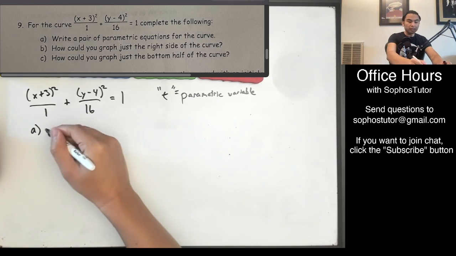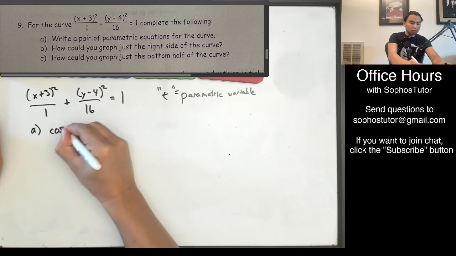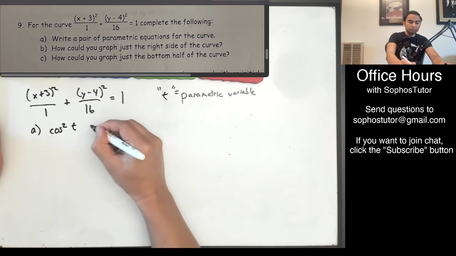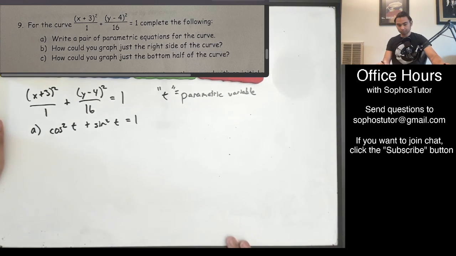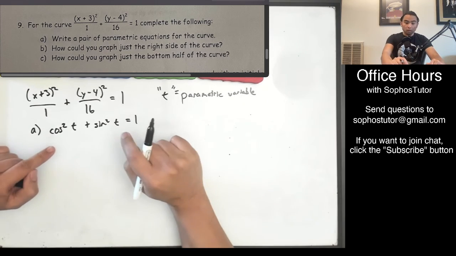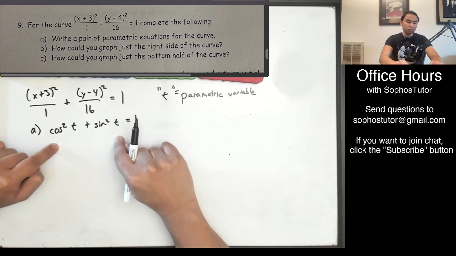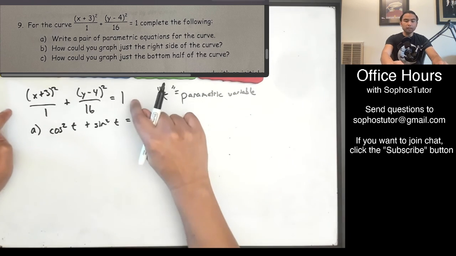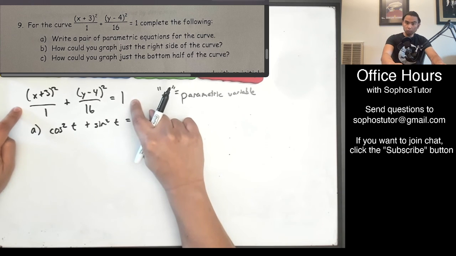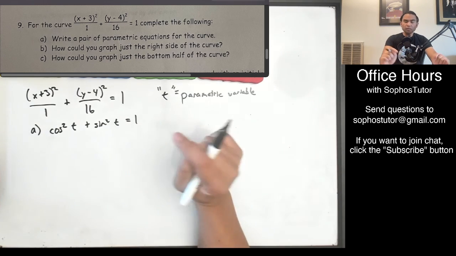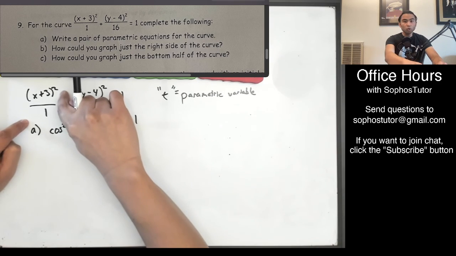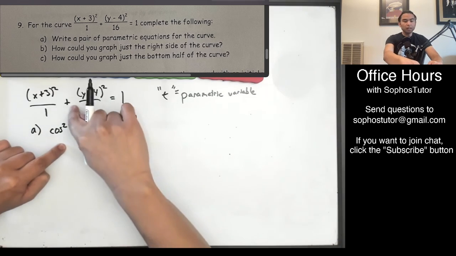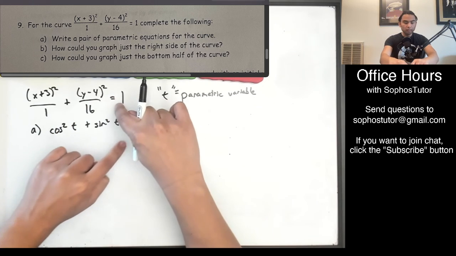The Pythagorean identity says that the cosine squared of t plus the sine squared of t is equal to 1. Why is this equation useful? Well, if you compare it to this equation, which by the way is the equation of an ellipse, you see that the formatting is actually very similar in that we have an entity being squared plus an entity being squared. That's equal to 1.